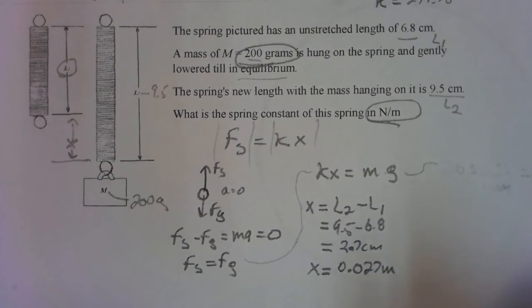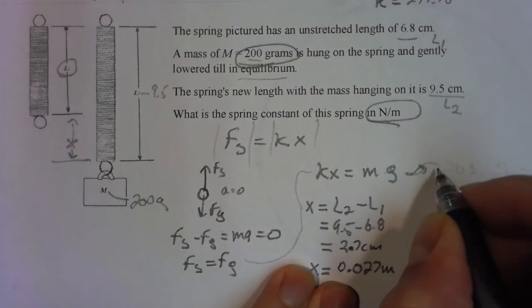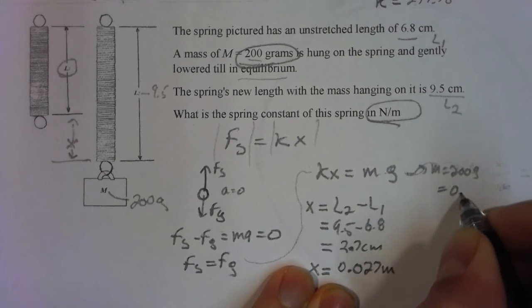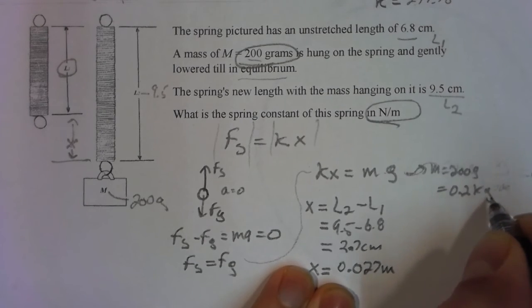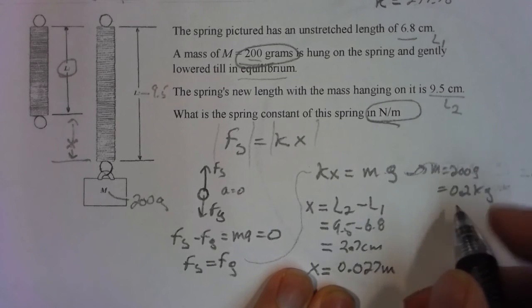Sorry about that, I went off the paper. So this mg, m is 200 grams. Well, that's going to equal 0.2 kilograms because 1 kilogram is 1,000 grams. And you would do that conversion.